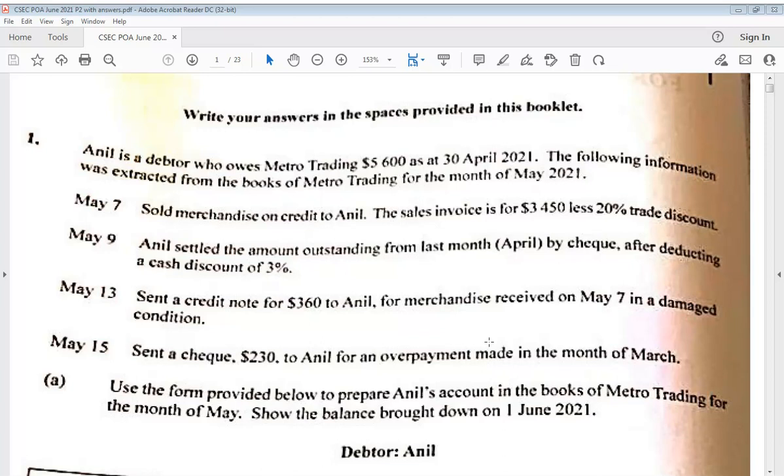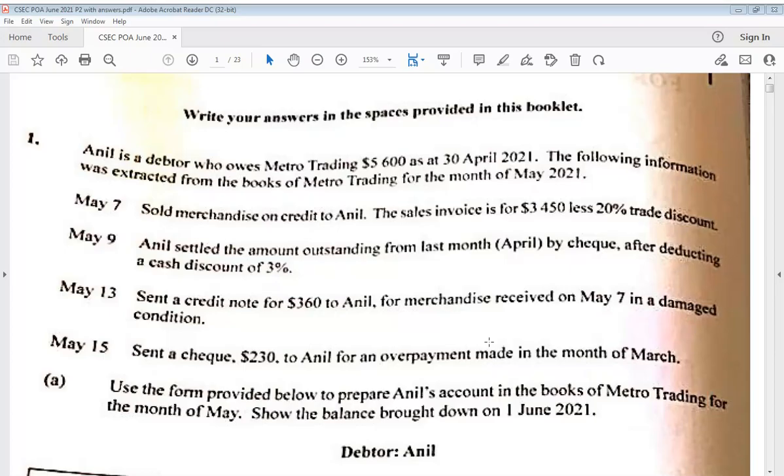Let's move on to the 13th. It says sent a credit note for $360 to Anil for merchandise received on May 7th in a damaged condition. So it says in a damaged condition, it was sent as a credit note. So what does that indicate? That was a return inwards, right?